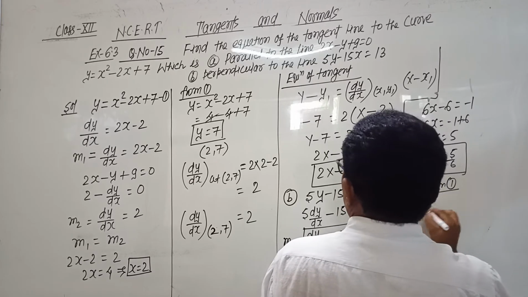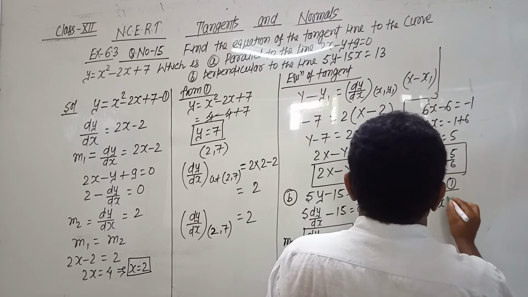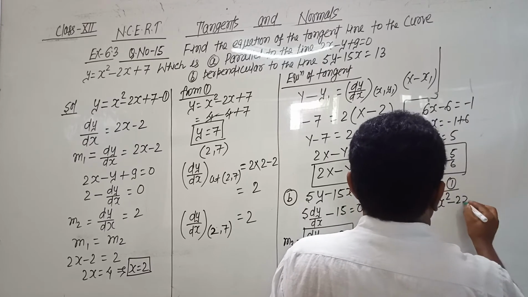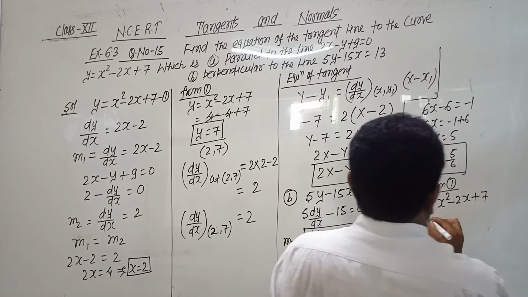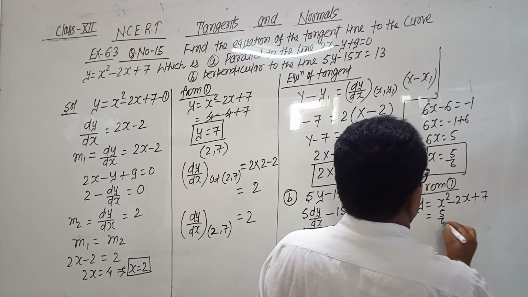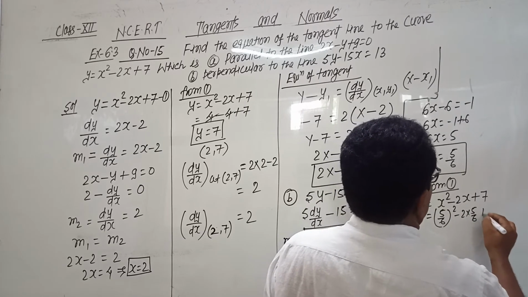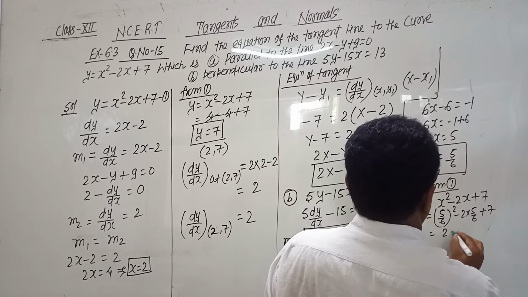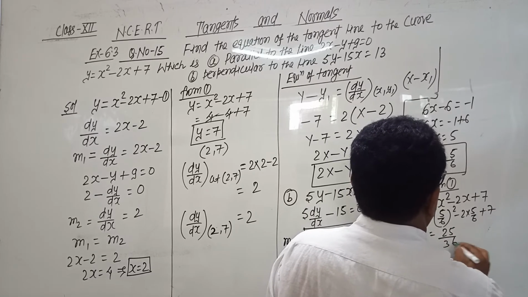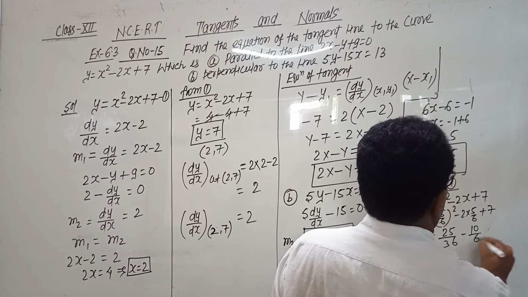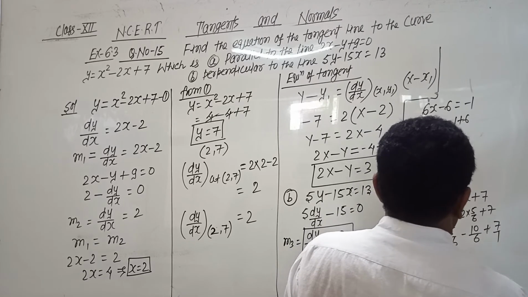So y equals x squared minus 2x plus 7. So (5/6) the whole squared minus 2 into 5/6 plus 7. This is 25/36 minus 10/6 plus 7/1.